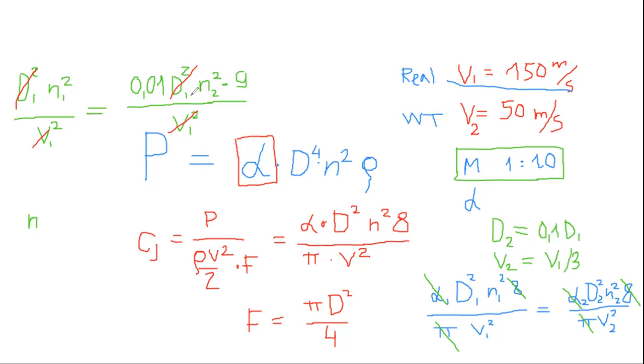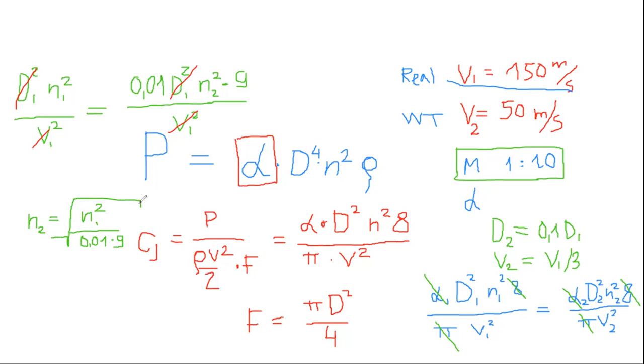This speed from the aircraft, from the wind tunnel, RPM equals, we take this value and put 9 and a radical.